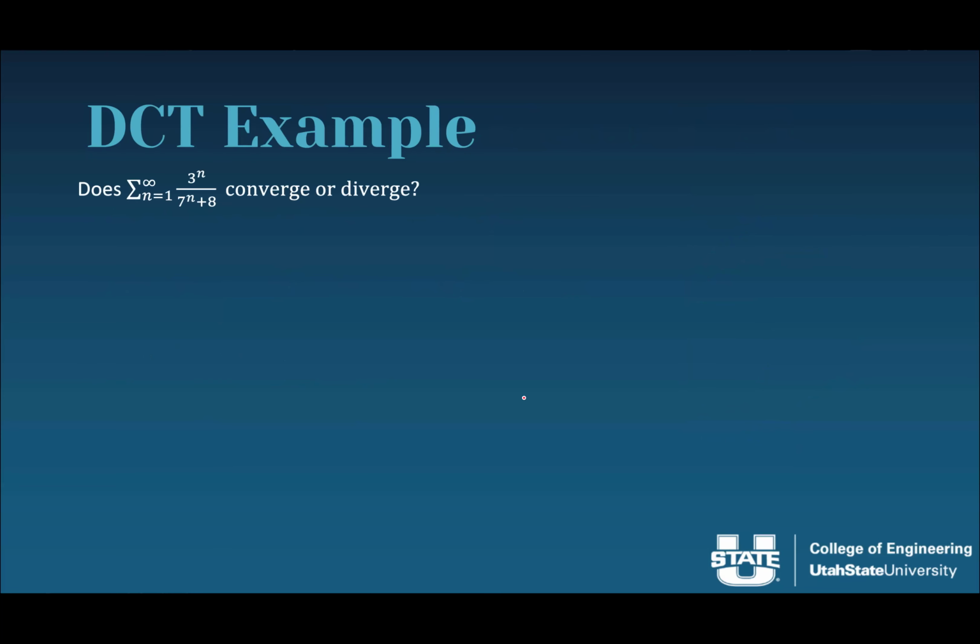So when I am thinking about what to choose as my b sub n, what I think about is a lot of times I look at these denominators and numerators, and if there's like plus some constant in either case, it's pretty easy for me to prove, for example, for a crazy example, that 3/7 to the n is always going to be greater than 3 to the n over 7 to the n plus 8.